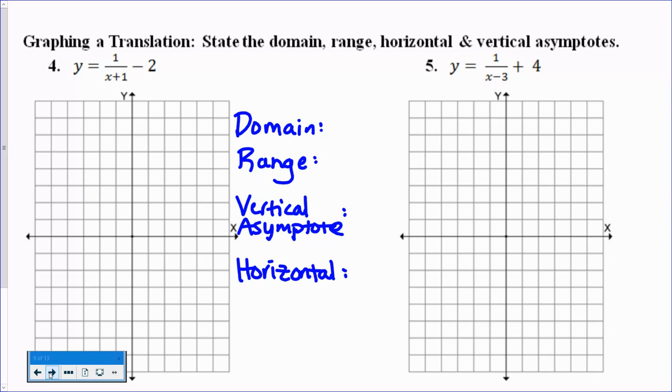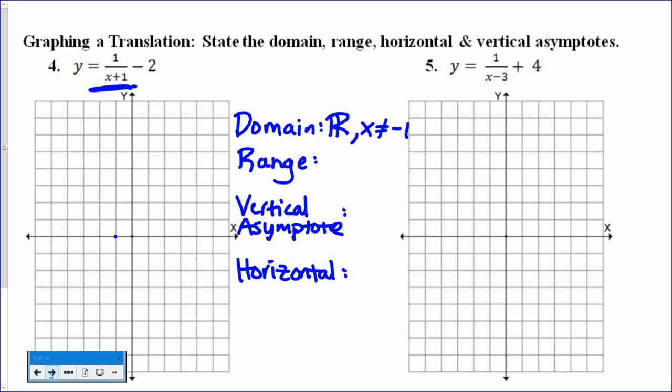Okay. So for my domain, take a look. We've got some stuff in the denominator. It can be any number, so all real numbers, but what number could x not be? X could not be -1 because that's going to make that 0. Okay? If x cannot be -1, that's telling you what values of x.